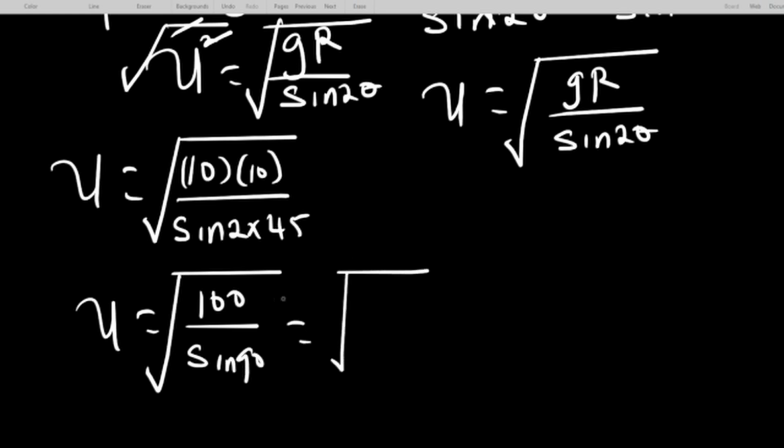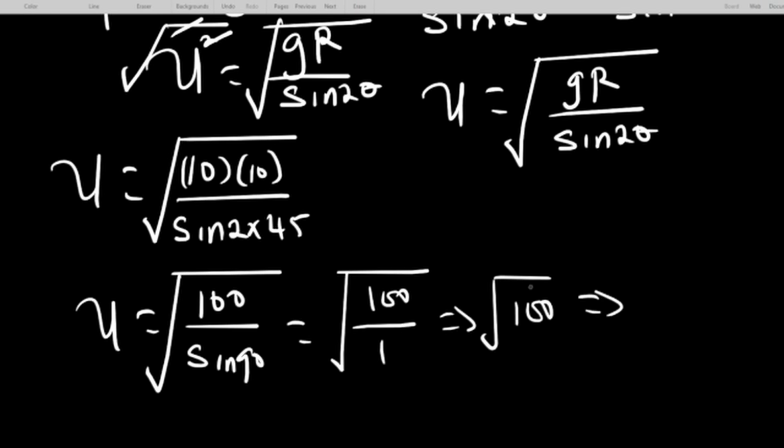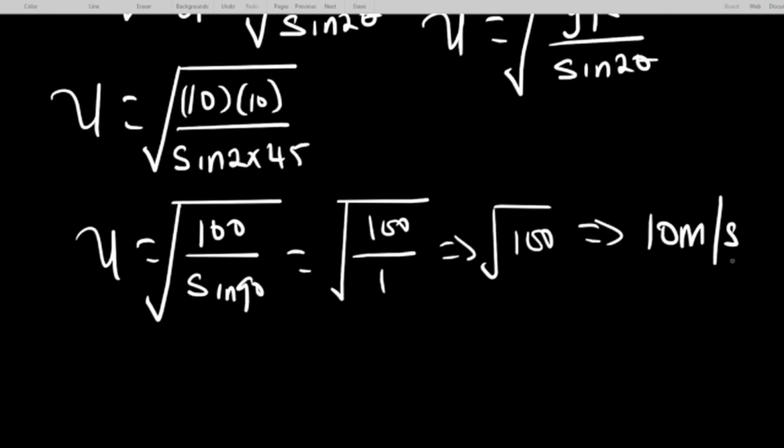We now have the square root of 100 over sine 90, which is 1. And this gives us the square root of 100. And when we simplify further, the square root of 100 is simply 10. So our initial velocity is 10 meters per second. So u is equal to 10 meters per second.